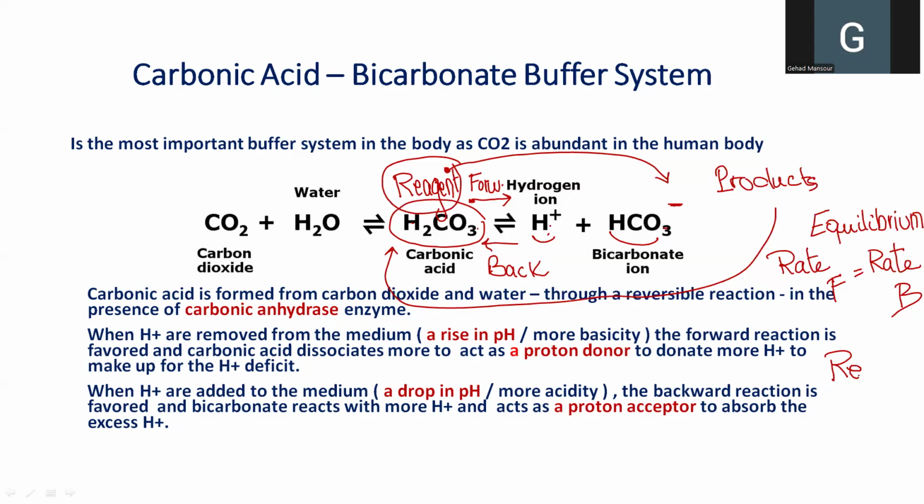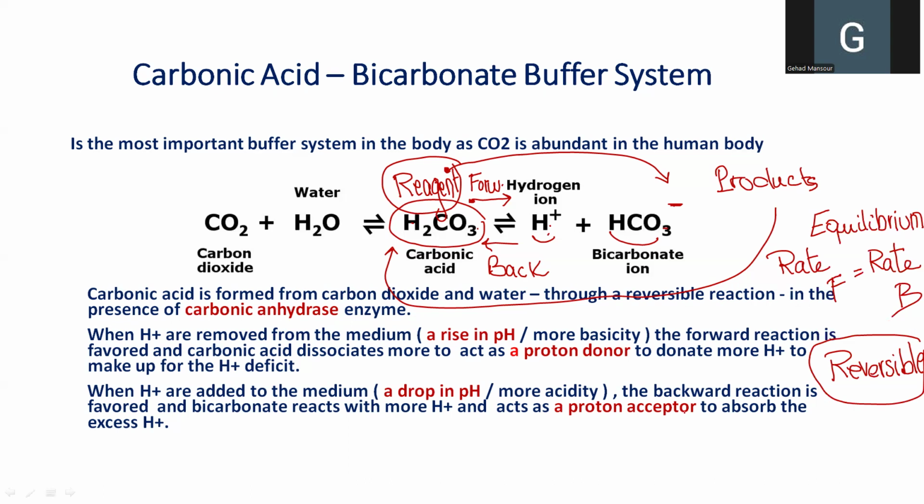So what is a reversible reaction? A reversible reaction is a reaction that can occur both ways. It can occur in the forward direction, and meanwhile, it can occur in the backward direction. At the beginning, the forward direction has a high rate, and the backward direction has a slow rate.